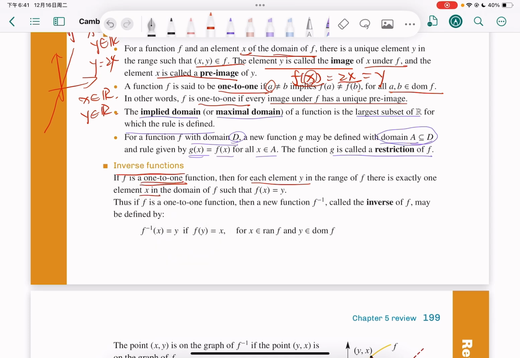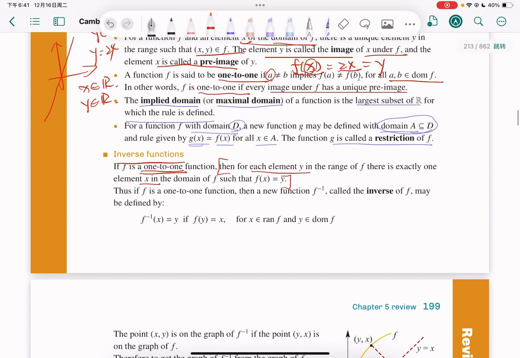So it's basically repeating the definition of one-to-one. Thus, if f is a one-to-one function, then a new function, f inverse, is called the inverse of f, and it's defined in this way.